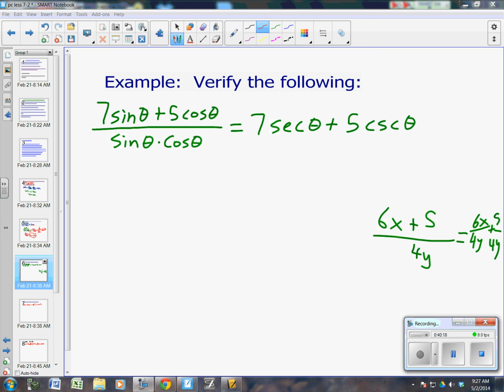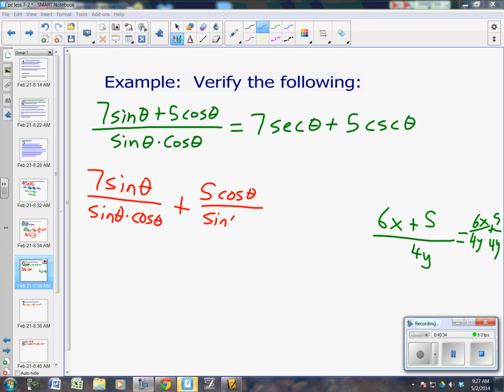Watch. I'm going to take the left side and separate it into two fractions. Since I have one denominator on the bottom, I can separate it into two fractions. I told you this will help strengthen your algebra skills.